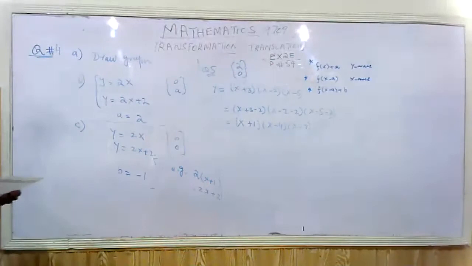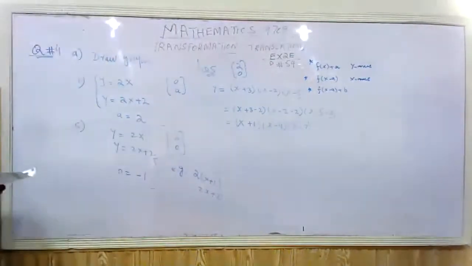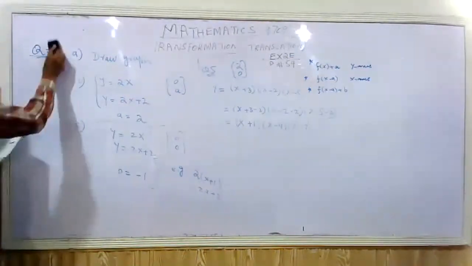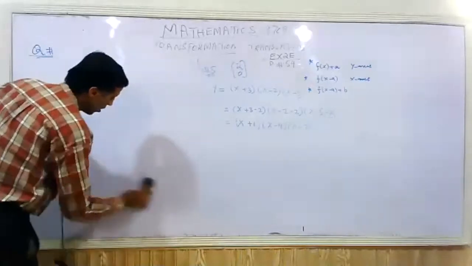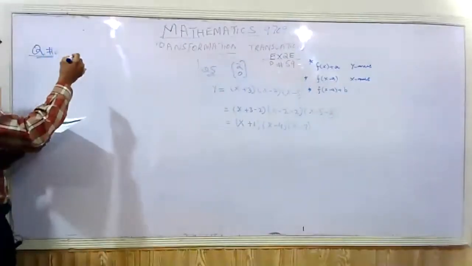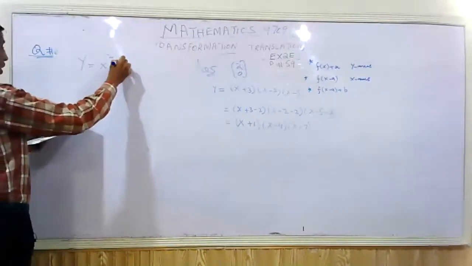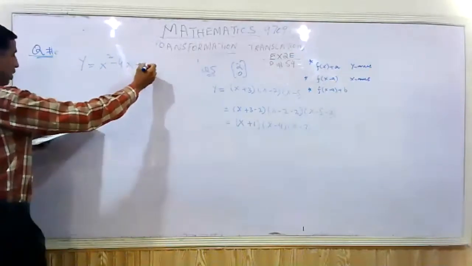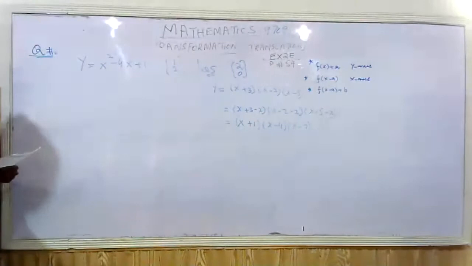Now question number 6. y equals x squared minus 4x plus 1. The translation is (1, 2), and we have to find the equation.